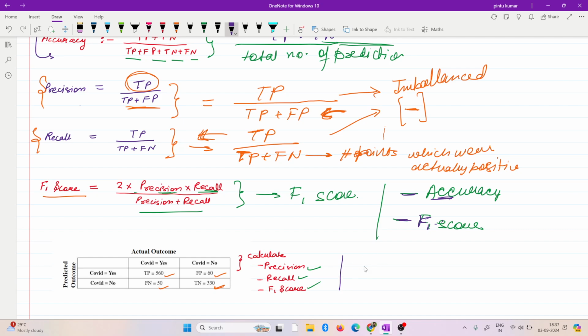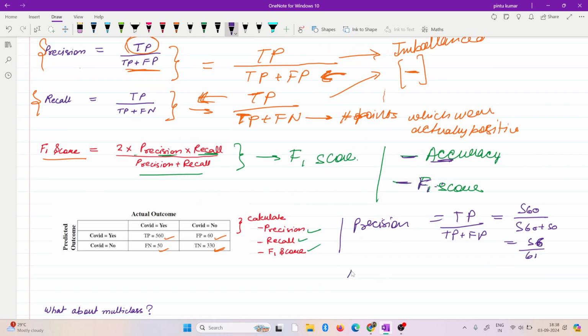Precision is given by true positive divided by true positive plus false positive, which is 560 divided by 560 plus 50. So this is 56 by 61. I'm not going for the exact value, but this is what we get.